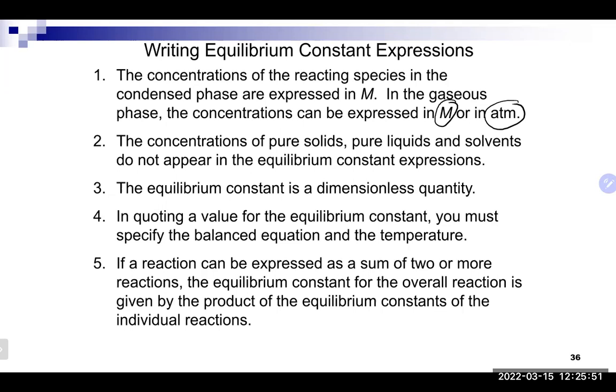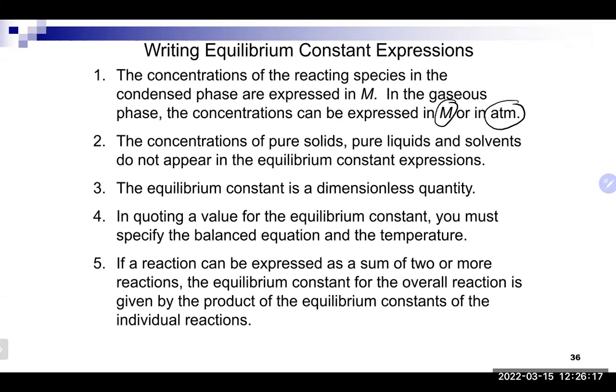It is specific for that temperature. A couple of things we talked about: as long as you keep the temperature constant, you can start with various amounts of reactants or products in an equilibrium reaction, and it will always end up with the same equilibrium constant. The only thing that will affect the value of the equilibrium constant is temperature. So if you change the temperature, the value of K will change as well.